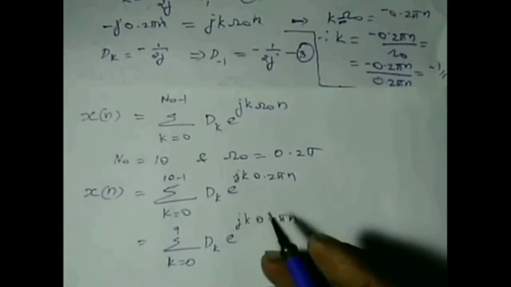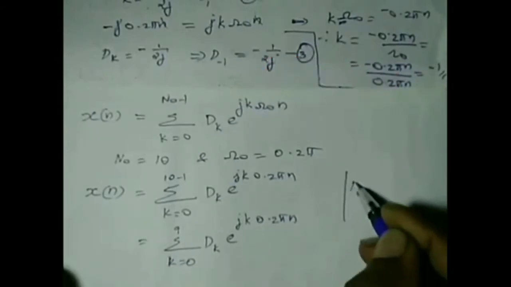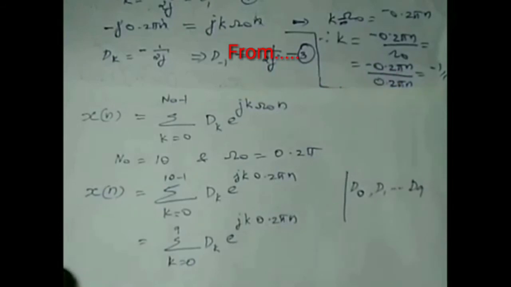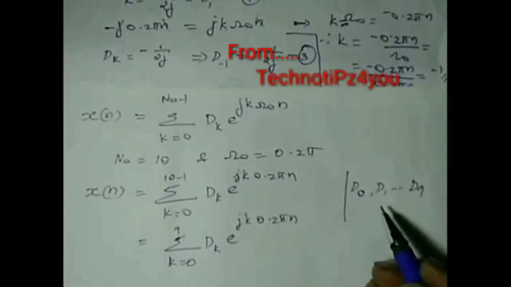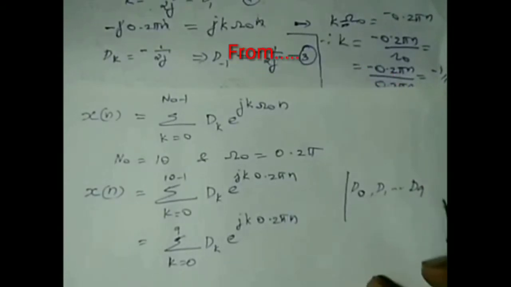So the expected Fourier coefficients are from d0, d1 etc. to d9 only, because by this equation k varies from 0 to 9. So naturally we are getting the Fourier coefficients from d0 to d9 only.